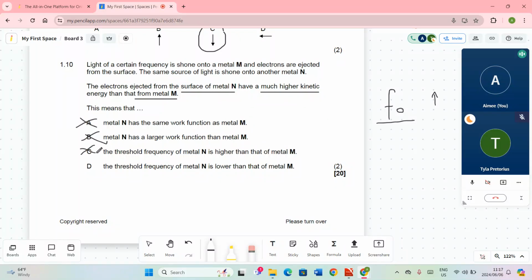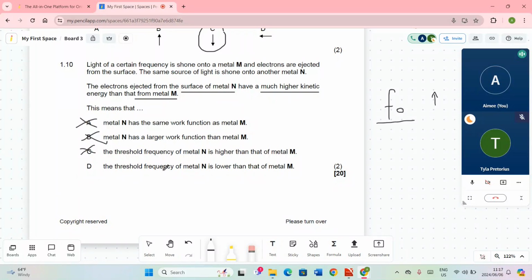No, because if metal N had a higher threshold frequency, it would mean that its electrons would not have additional kinetic energy. Remember, the frequency of the light needs to be far above the threshold frequency in order for the kinetic energy to increase.